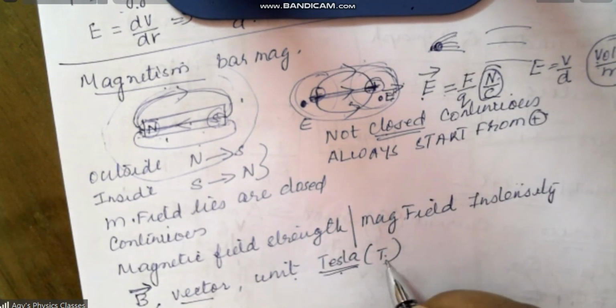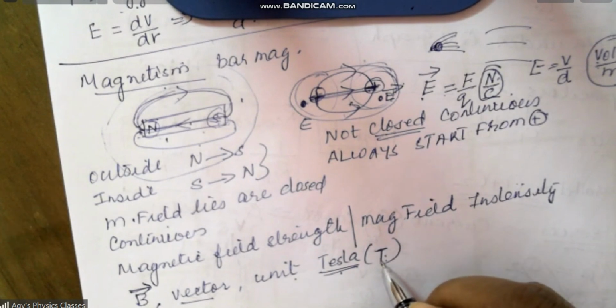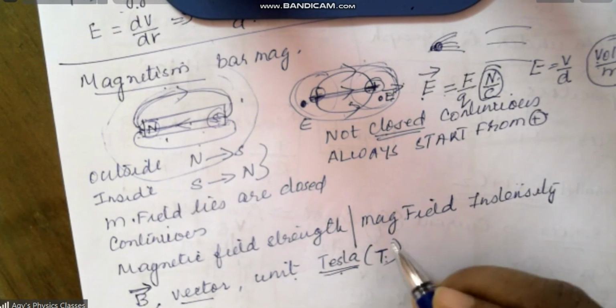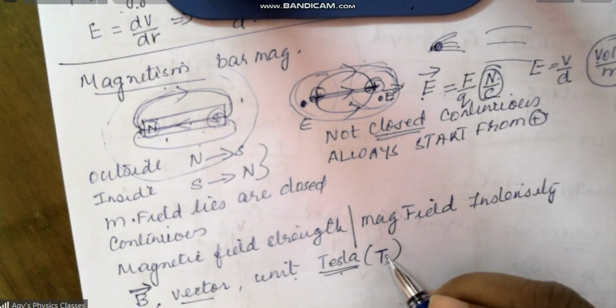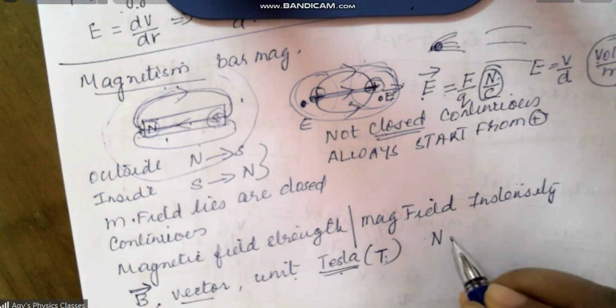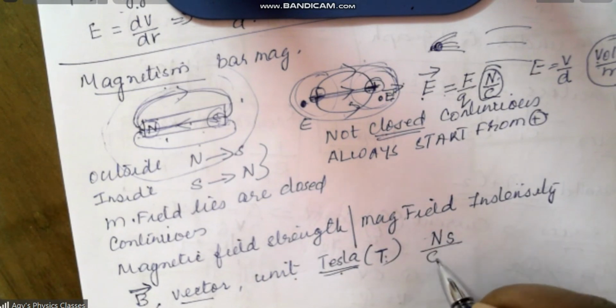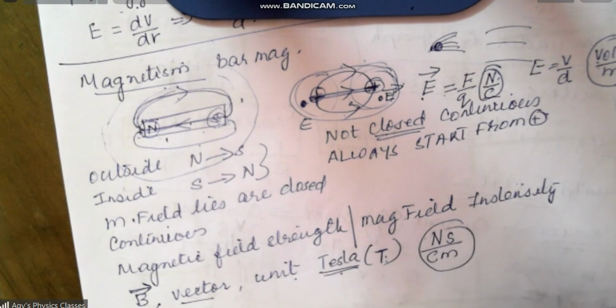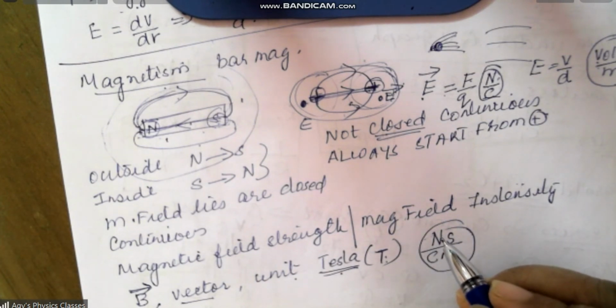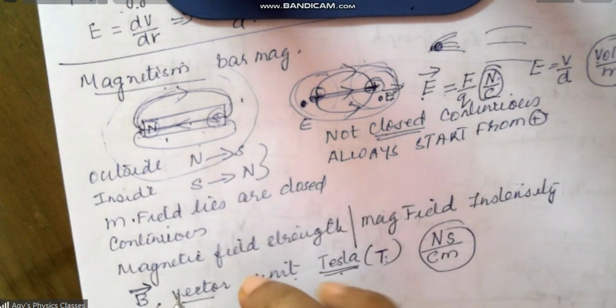But magnetic field has a unit which is Tesla, or when you break it into basic units, it becomes Newton second by Coulomb meter. So please remember, electric field strength is represented by E, but magnetic field strength is represented by B.